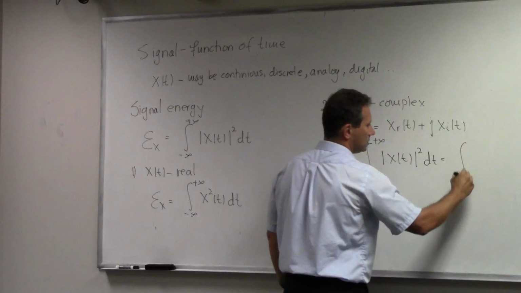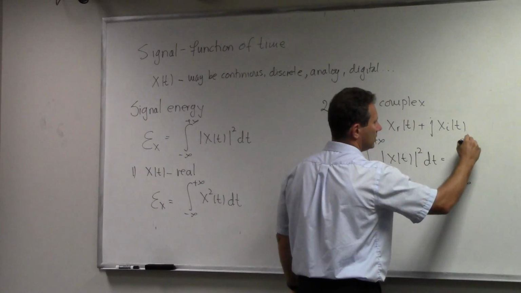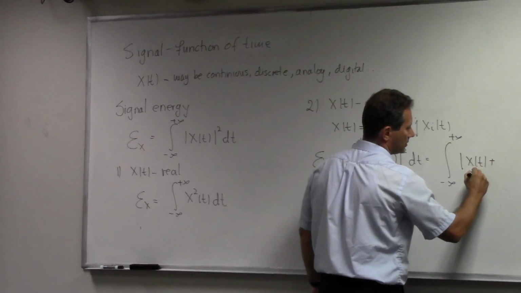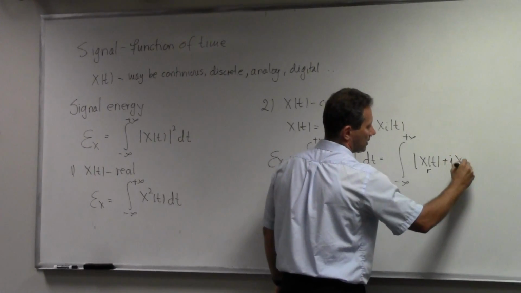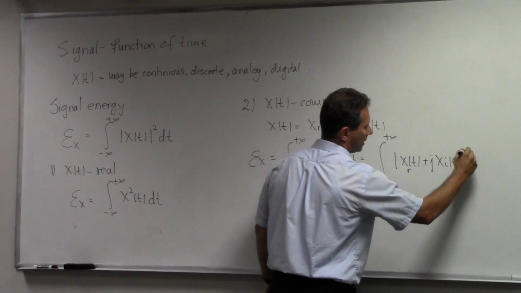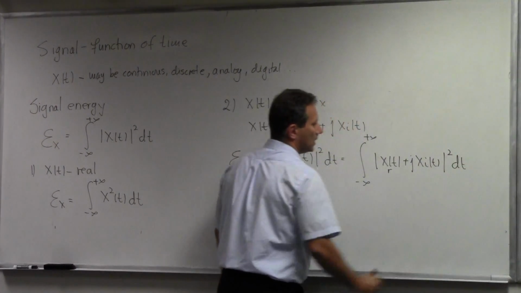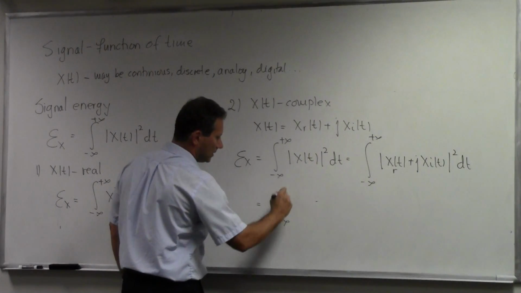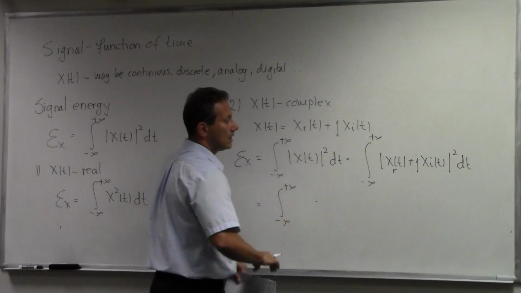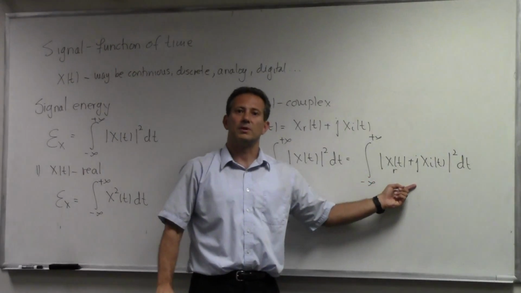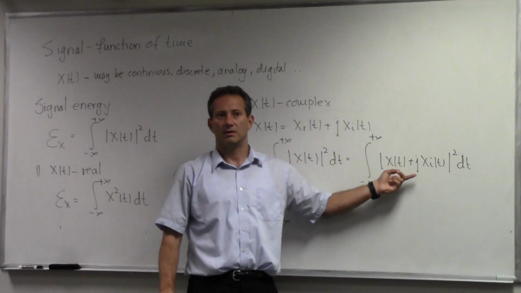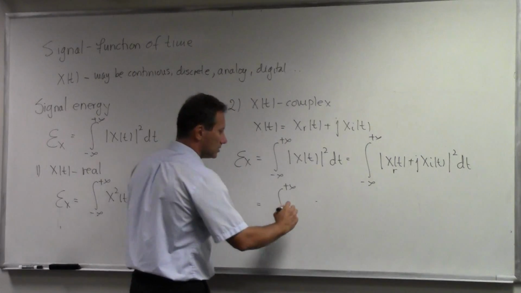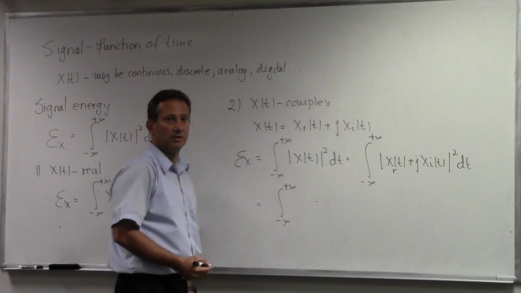But when I substitute, this is the integral from minus infinity to plus infinity, magnitude of x real of t plus j x imaginary of t, magnitude squared dt. We compute this as an integral from minus infinity to plus infinity. How do we calculate the magnitude of the complex number? It's real square plus imaginary square, and then the square root of that to get the magnitude.